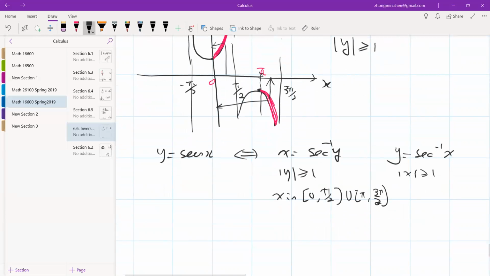All right, so what we get here is the derivative of the arcsecant x is going to be this.